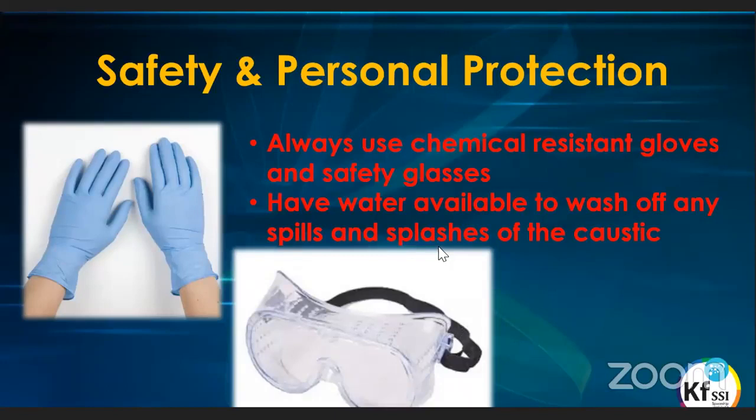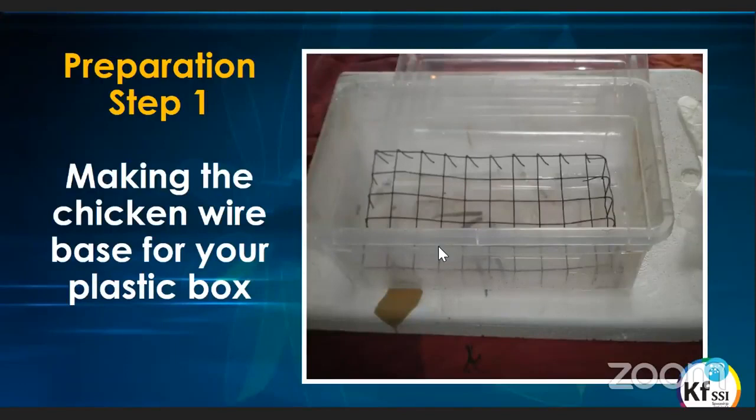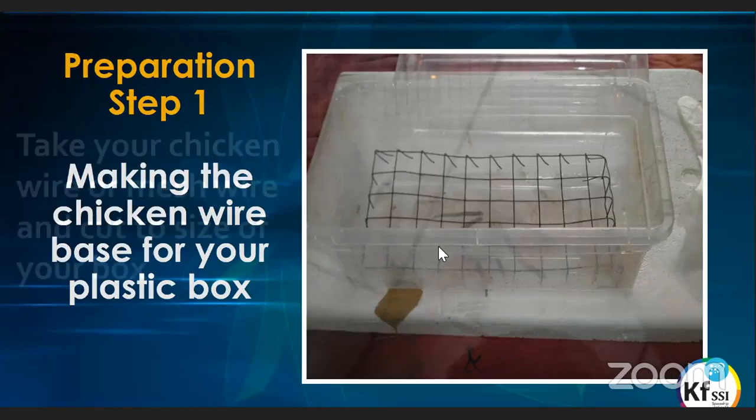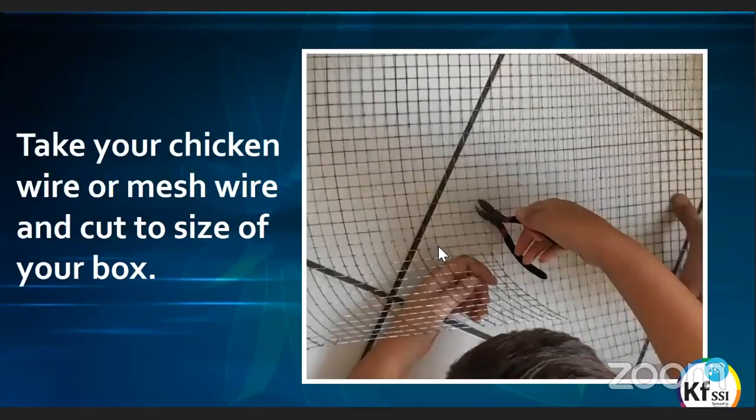Okay, so in the preparation, first of all, you have your plastic box, and now we need to create your chicken wire base that will fit into the bottom of your plastic box. All one has to do is take some chicken wire and cut it to the size of whatever plastic box you have.